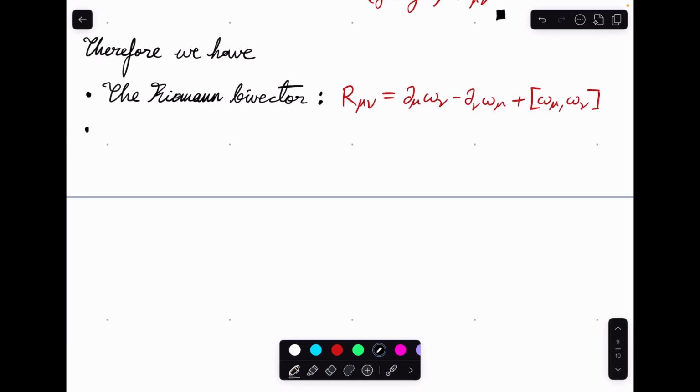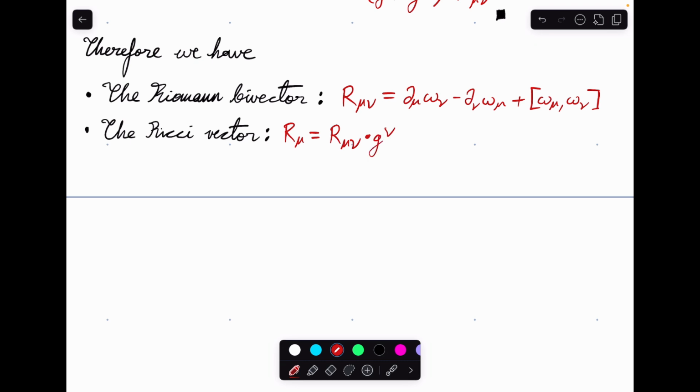Then we have the Ricci vector, which is just R mu, and that's just going to be R mu nu dotted with G nu. And then we have, lastly, the Ricci scalar.